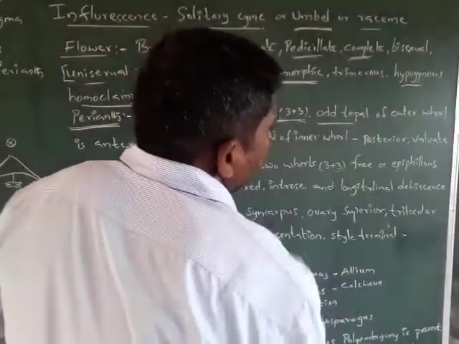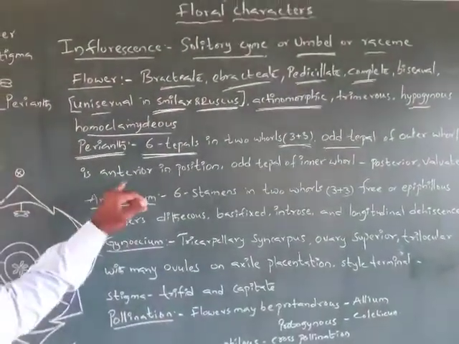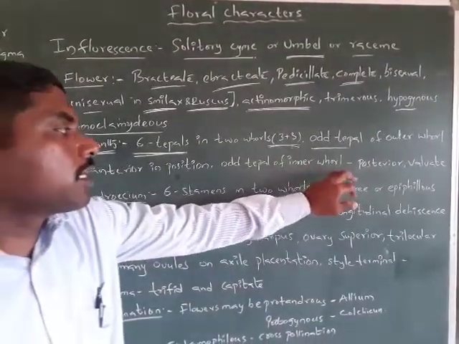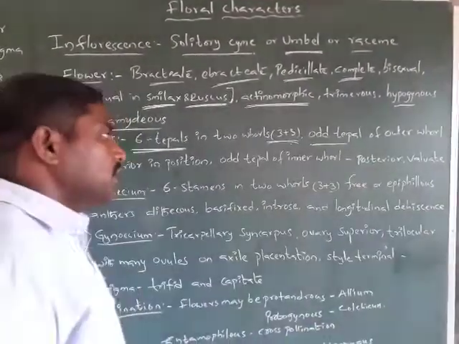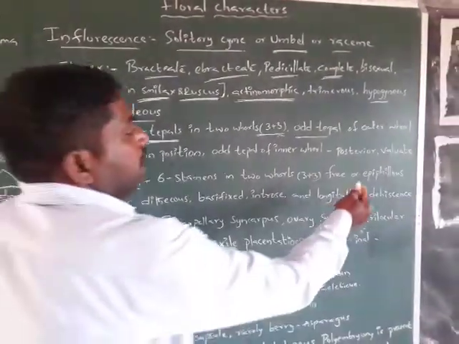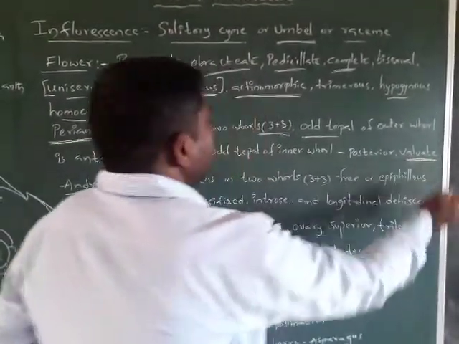And the odd tepal of the outer whorl is in the anterior position and the odd tepal of the inner whorl is in the posterior position. And the aestivation is valvate aestivation.